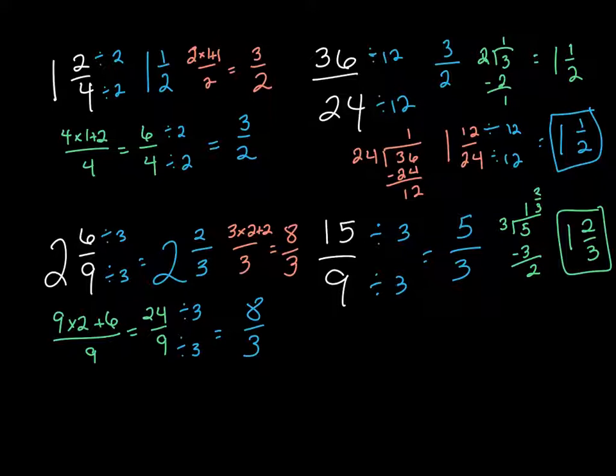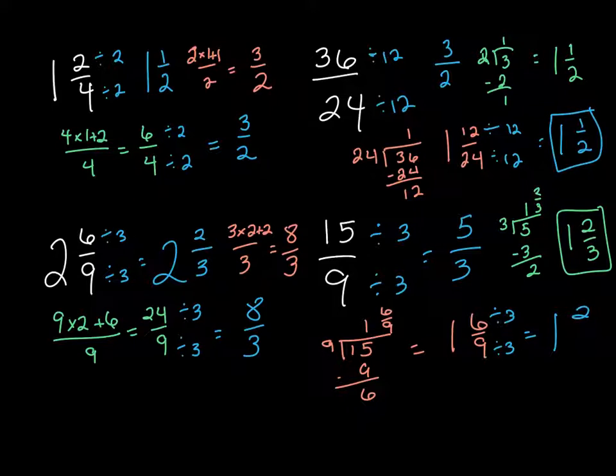And then if you decide to change it to a mixed number first, 9 goes into 15 one time, the remainder of 6. And then 6 and 9 can both be divided by 3. So you still get 1 and 2 over 3.